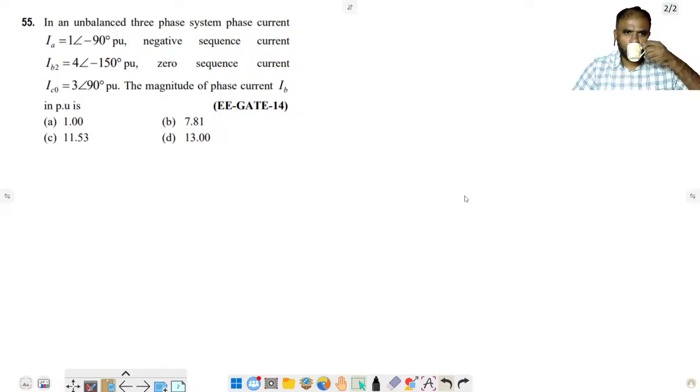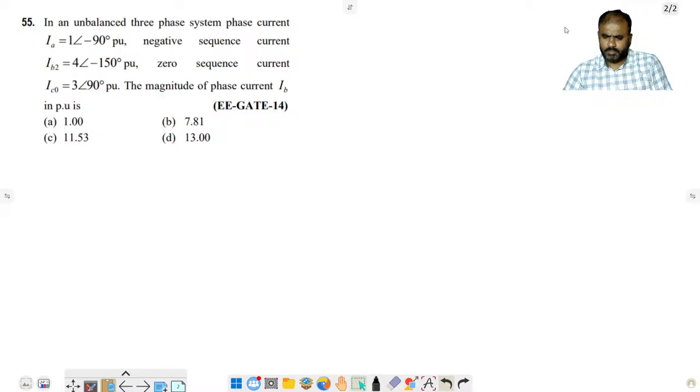Can you read the question? Let's think, try this question.